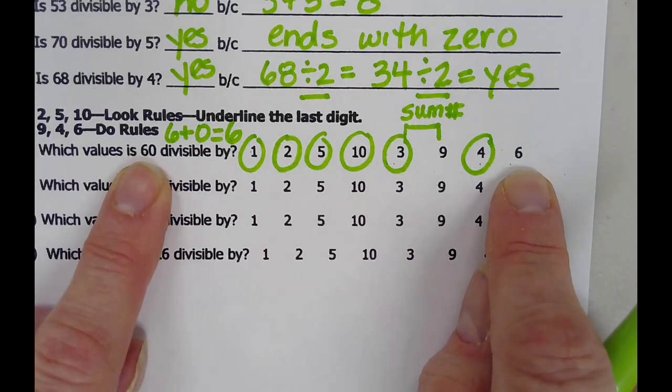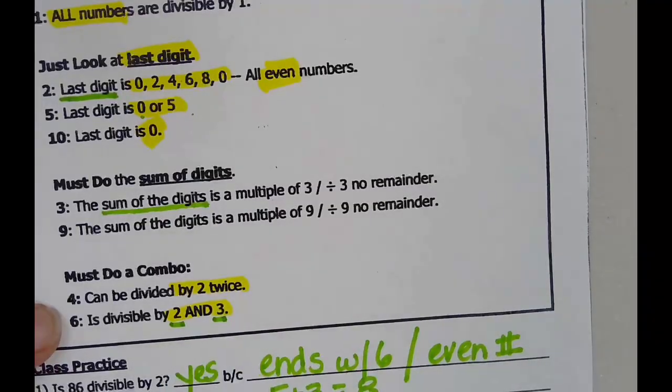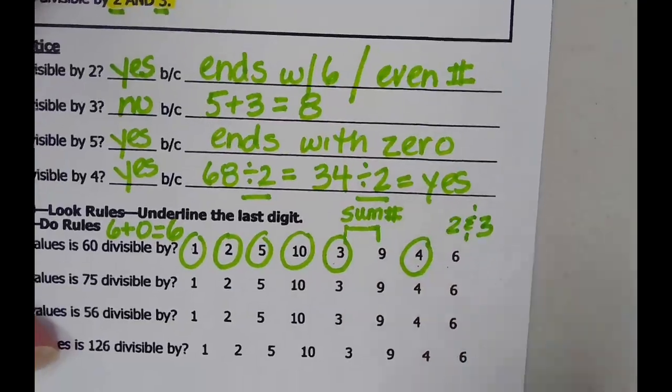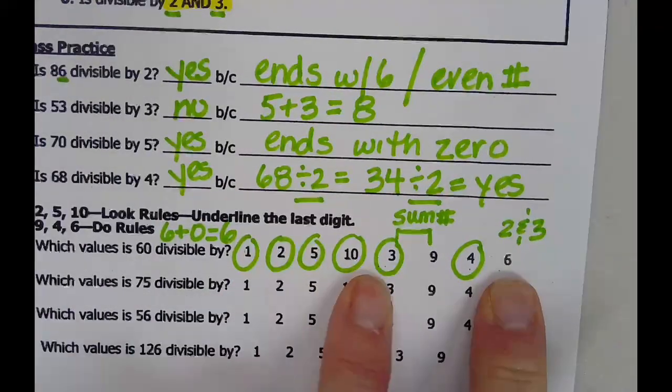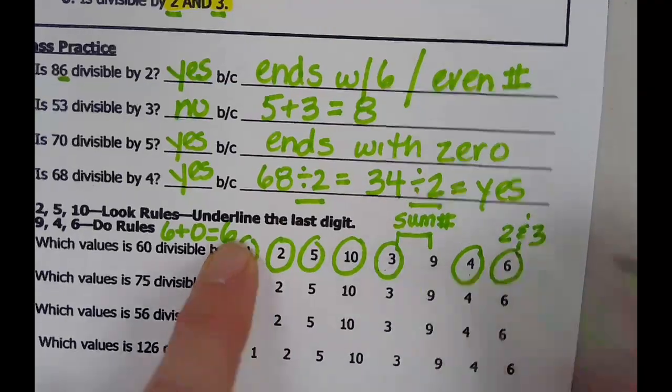Should it be circled? What do I have to do for 6? For this one, it's 2 and 3. Do I have the 2 and the 3 circled? So then I circle the 6.